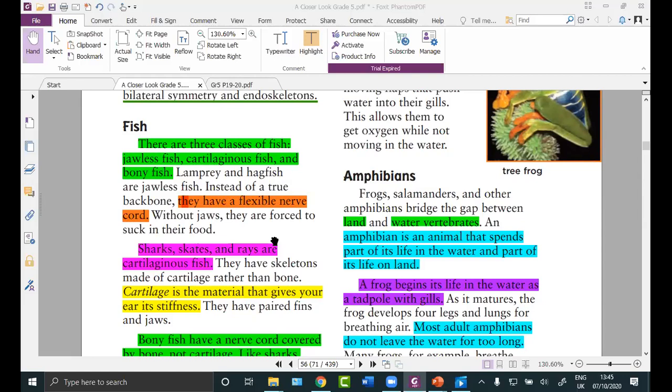Lamprey and hagfish are jawless fish. Instead of a true backbone, they have a flexible nerve cord. Without jaws, they are forced to suck in their food.